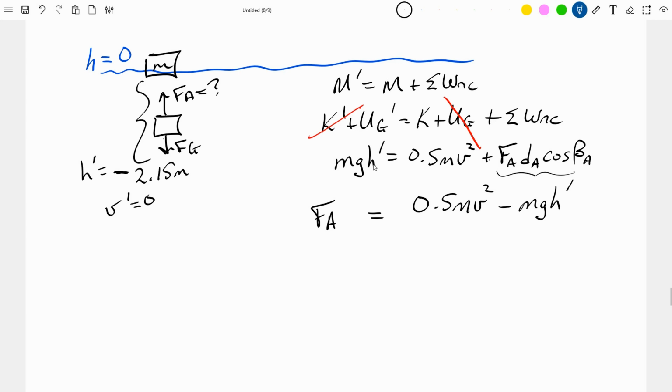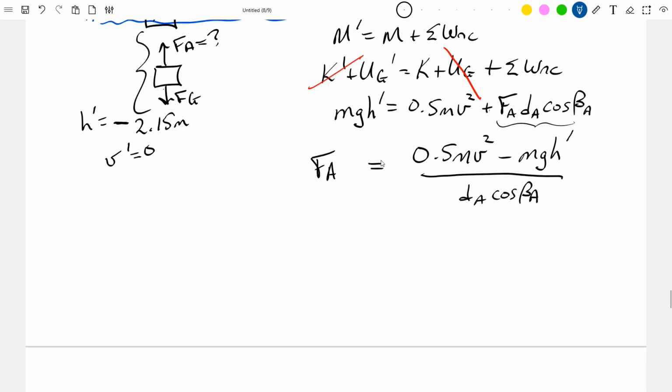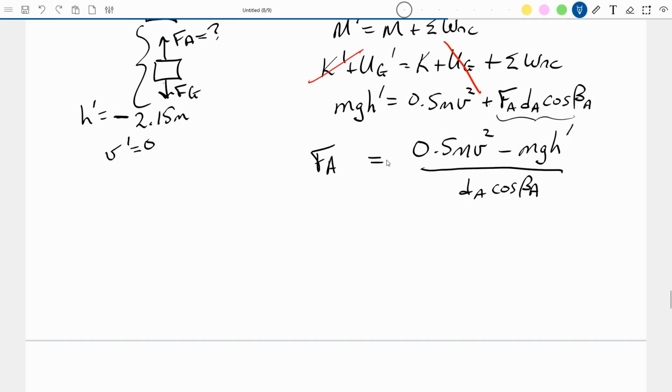But now I'm going to imagine that I've divided it down. So distance applied, cosine of beta applied. And as I proceed here, I'm taking more shortcuts with my math, which you obviously do not need to do, but I'm just trying to shave off any minute amount of time and maybe give you little math tips along the way.